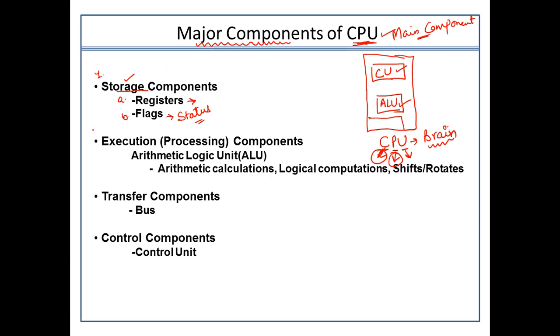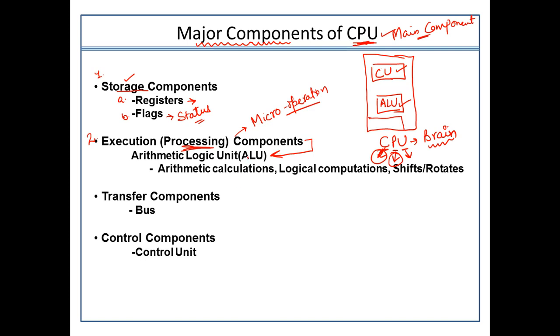And other than this, the CPU is also used for execution or processing purposes. If I want to perform any operation, in the last chapter I was calling that operation a micro operation. Any micro operation which I would like to process within the machine is taken care of by the CPU, and within the CPU, the component used is the arithmetic logic unit.